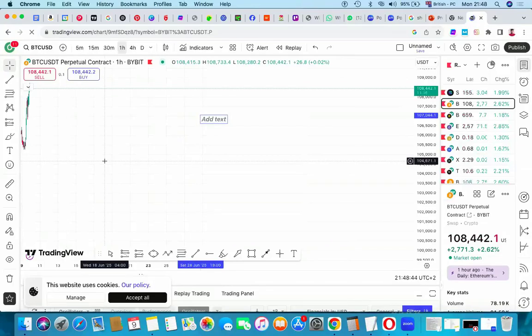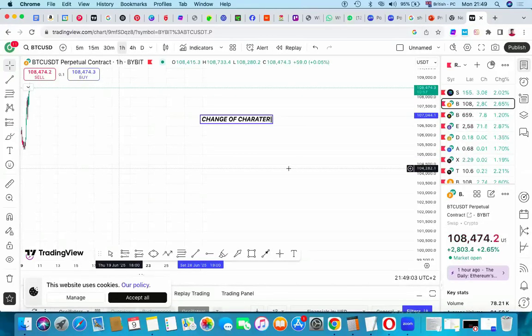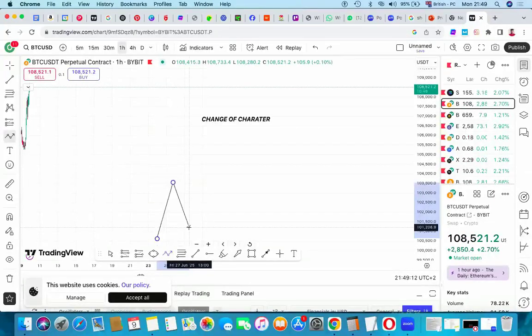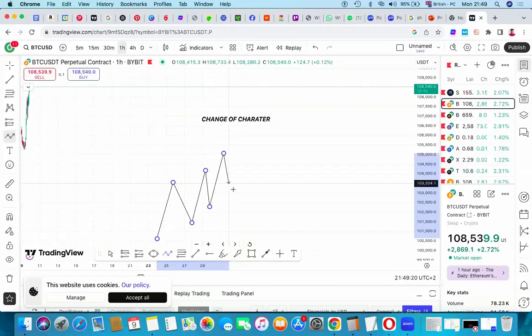The topic for tonight is change of character. So let's assume we have an uptrend, and the market is breaking structure to the upside.